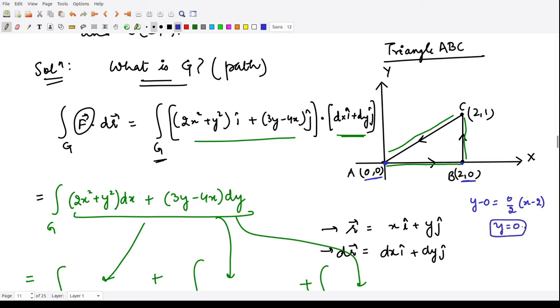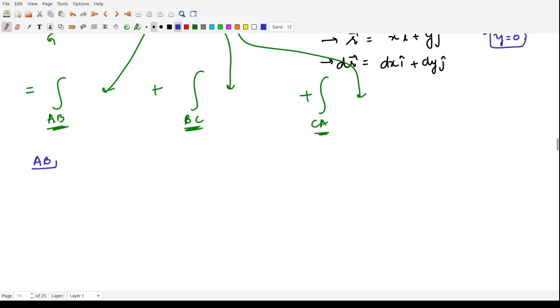This is the equation of the line AB. Or directly you could see that y is remaining constant, here also and here also. At every point of this line the value of y is equal to 0. So for AB we have y equal to 0. If y is equal to 0, that means its derivative dy is also going to be 0.